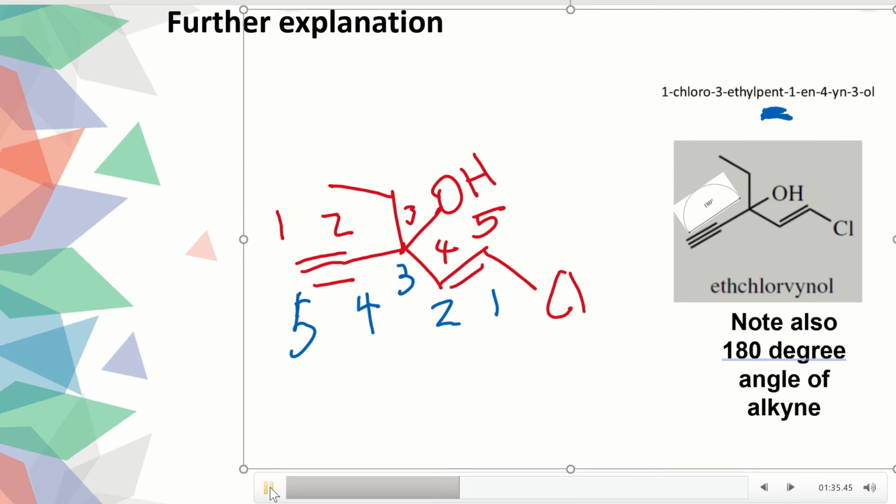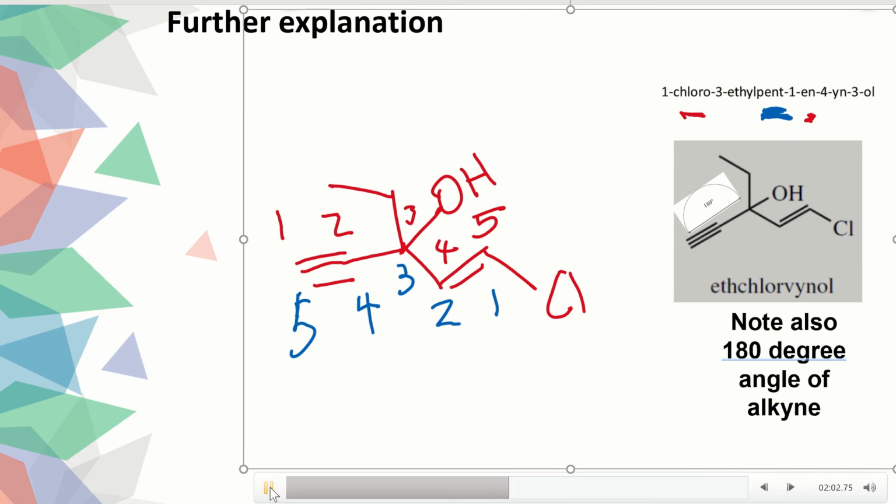Hence we've already figured out that part. And then from there we can look at what is attached to the longest chain. We see here that we have an ene as well as a chloro at position 1.